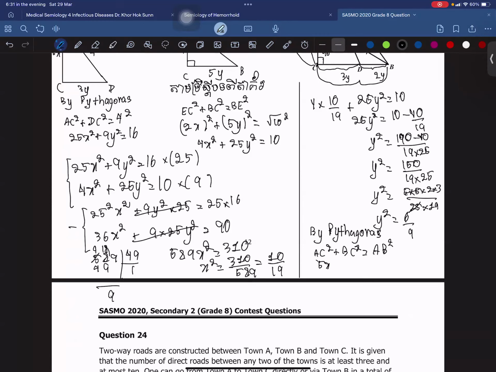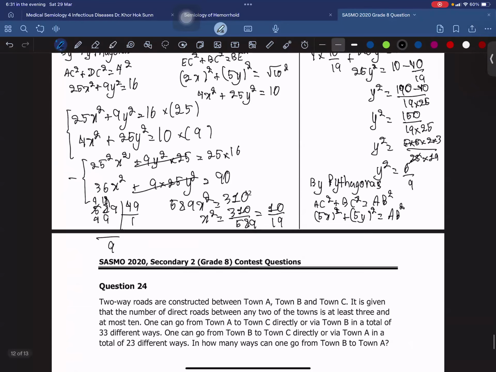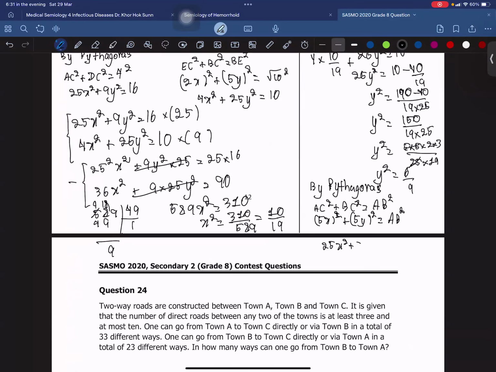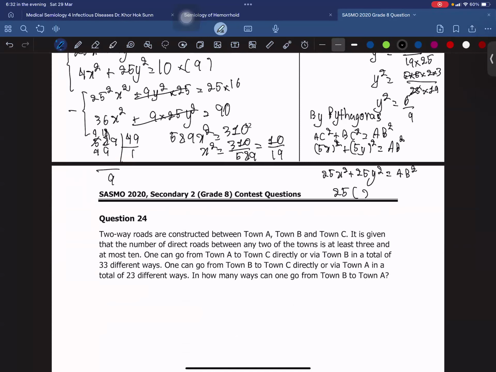So it's gonna be 5x squared plus 5y squared equal to AB squared. So we have 25x squared plus 25y squared equal to AB squared. And factor the 25, we're gonna have this plus this equal to AB squared. So 25 times, oh, this is 19. So it's gonna be 16 over 19 equal to AB squared.